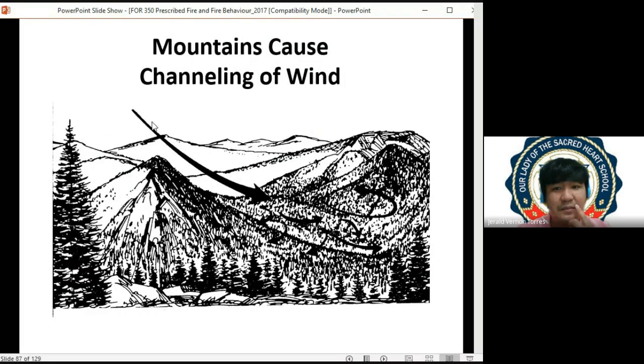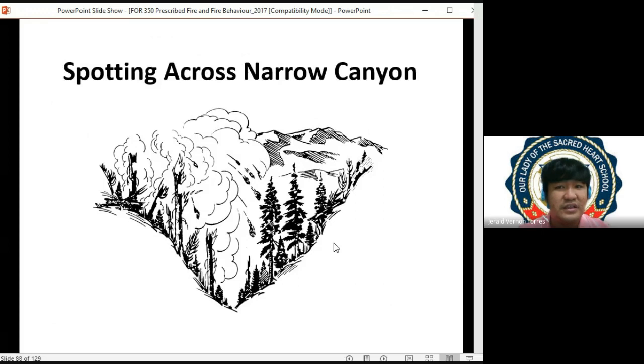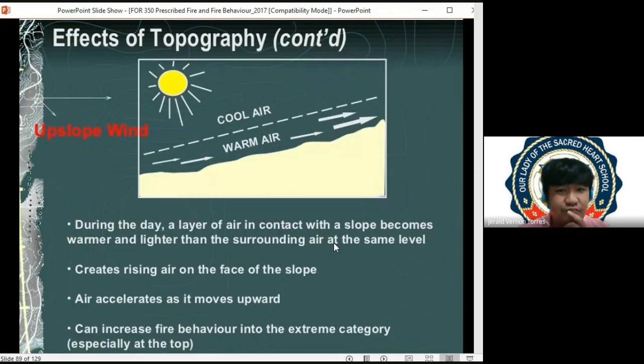Ito channeling naman ito. Magbabago yung direction. Ayun, there is a change in the direction of the wind, thus mag-change yung direction ng fire natin. Ito, this is funneling.